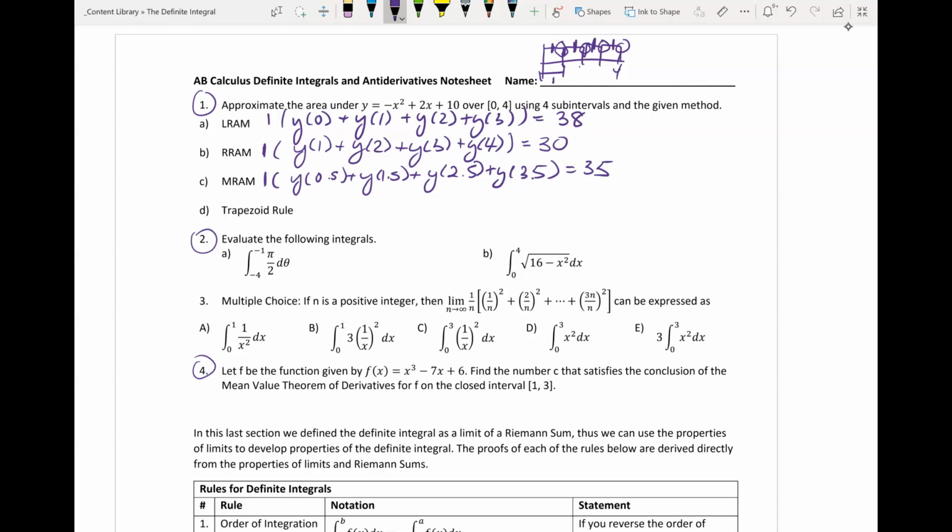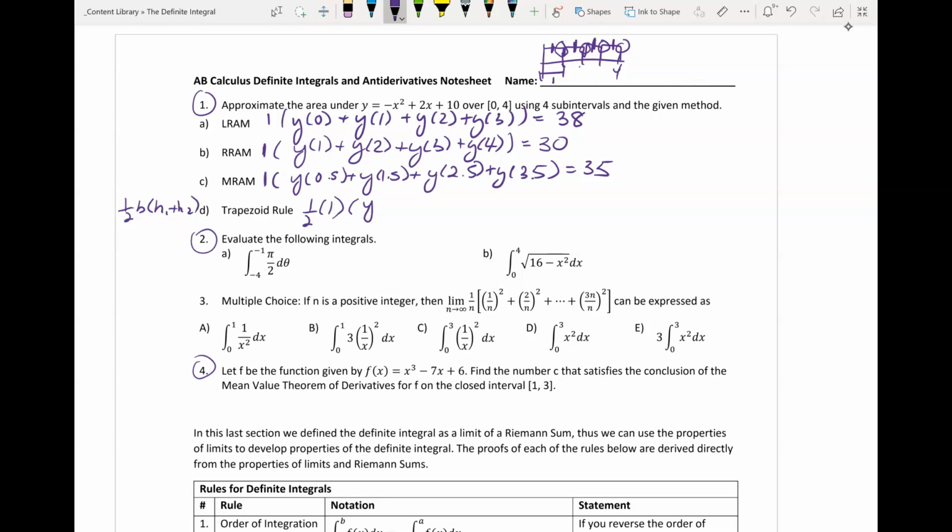And then lastly, the trapezoidal rule. Remember, the area of a trapezoid is 1/2 times base times h1 plus h2. So we have 1/2, and our base is going to be 1. Then we'll sum up all of those h1s and h2s.